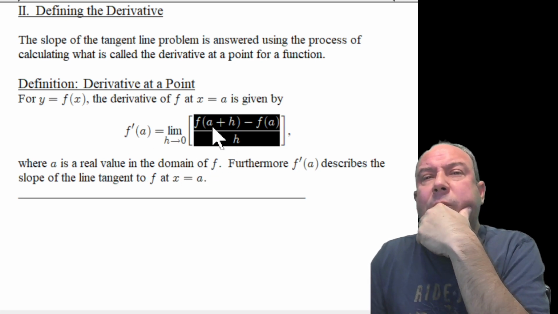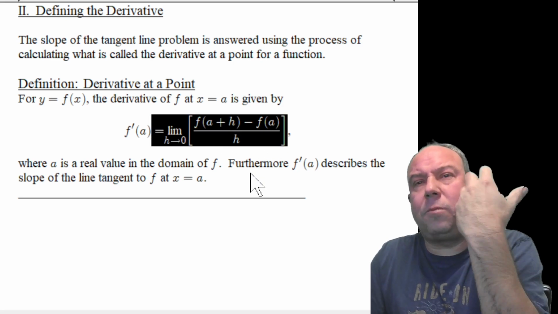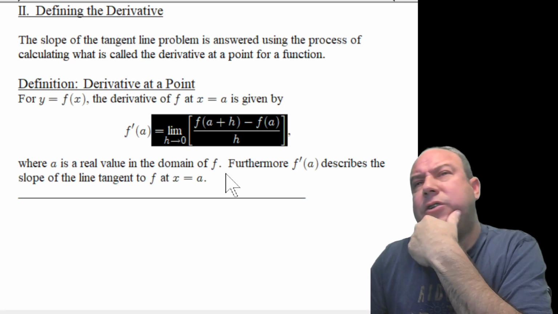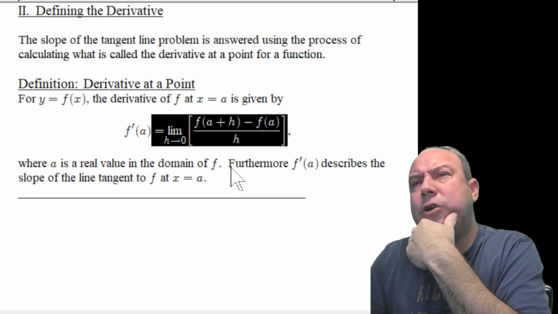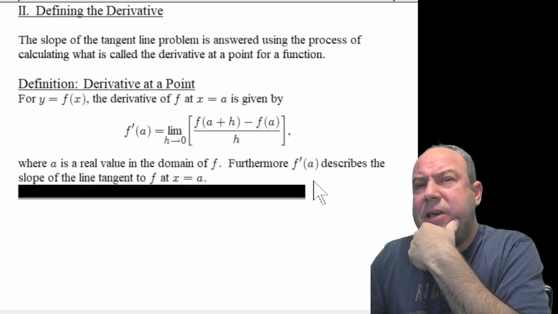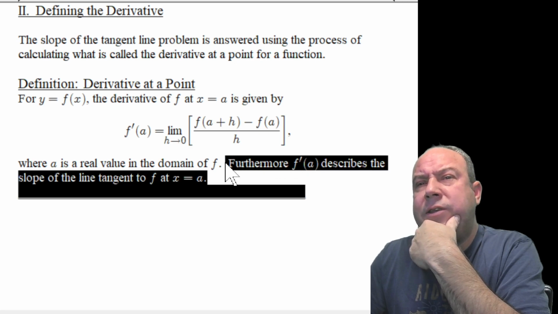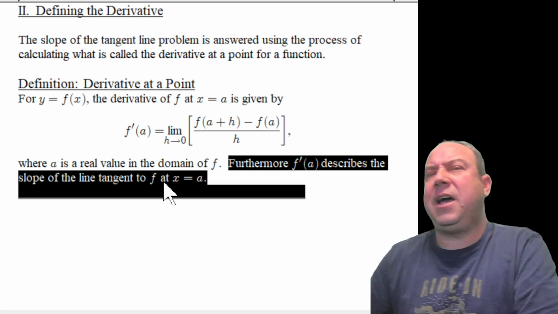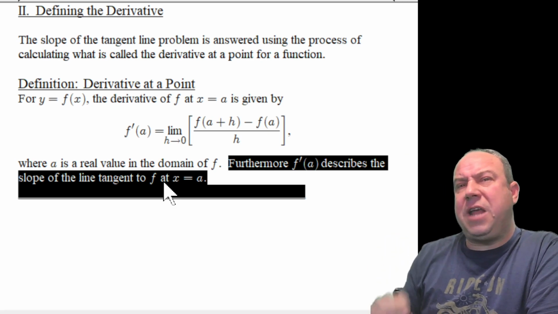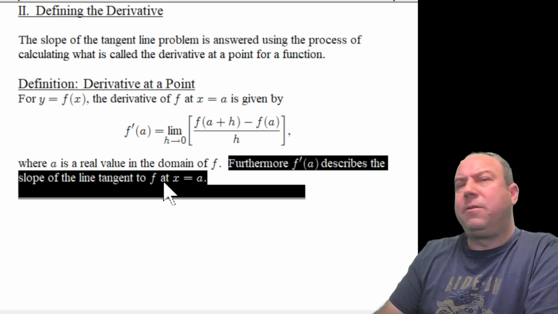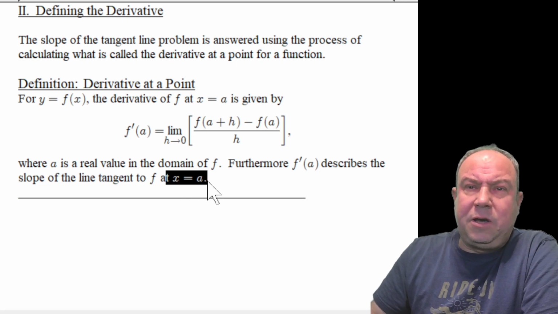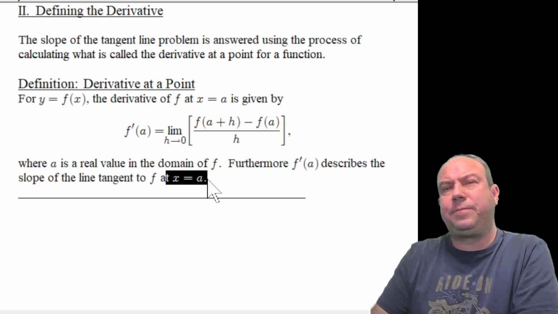And when we perform this calculation, its interpretation is indeed what we used it for in the opening, and that is the calculation of the slope of the tangent line for a function at a specific value of x equal to a.